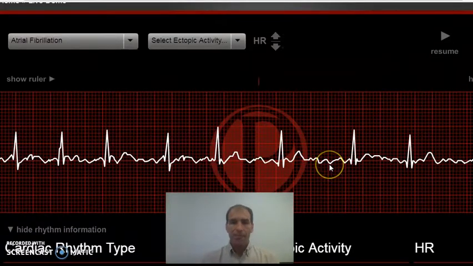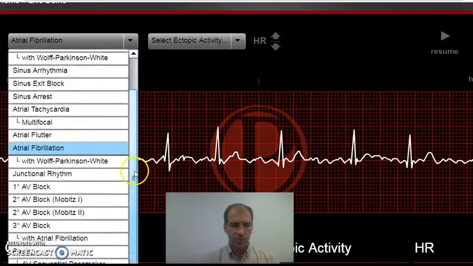And because these aren't very strong, not all of them are strong enough to make it to the AV node to then have a QRS wave. So we get kind of this weird rhythm that's out of rhythm. I mean, you can kind of tell there's a little space there, but there's more space here. It's really not in rhythm, and a lot of P waves. So this is atrial fibrillation.